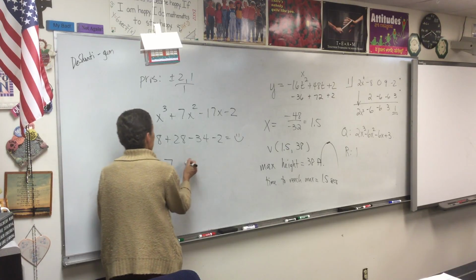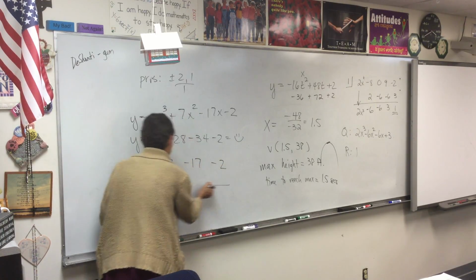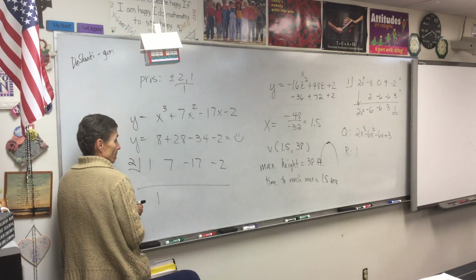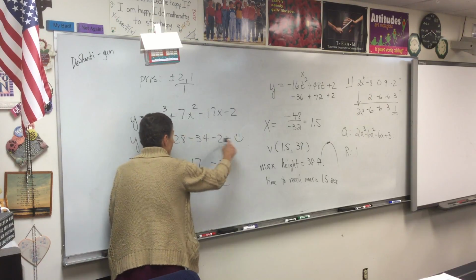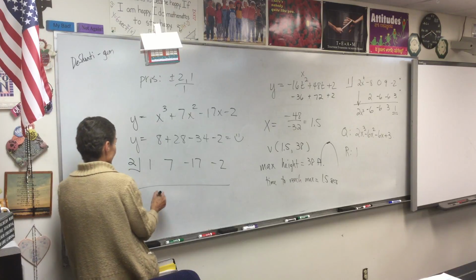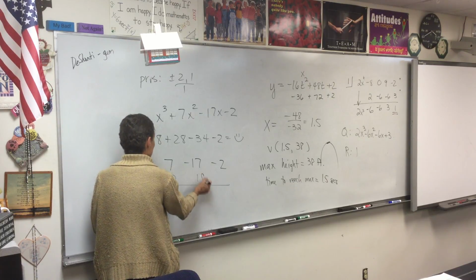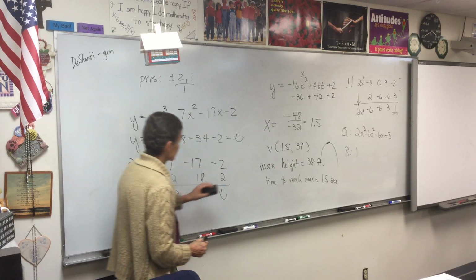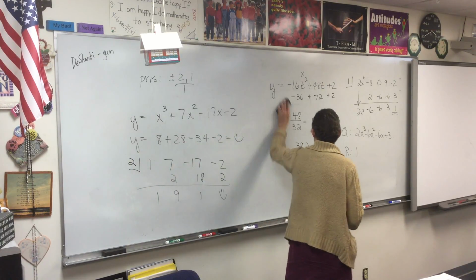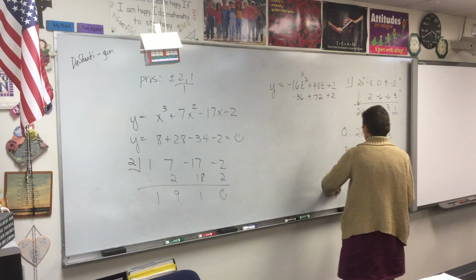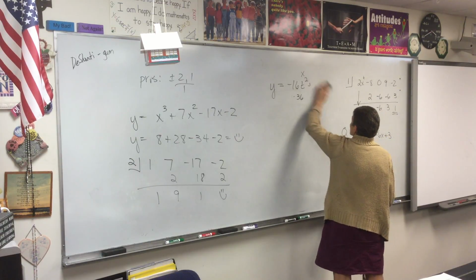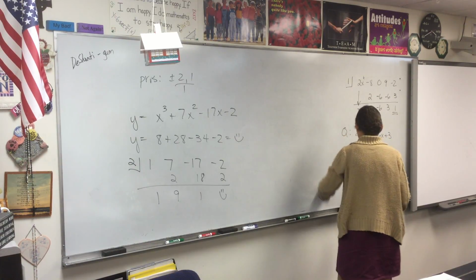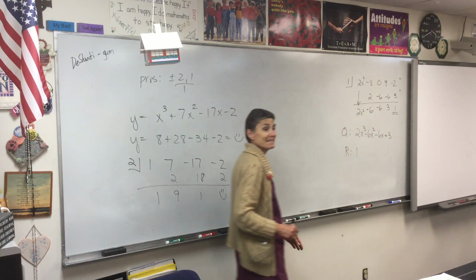These are the steps you have got to remember. Guess a number. As soon as you get one that equals 0, divide it out. So we guess a number. It equals 0. We divide it out.